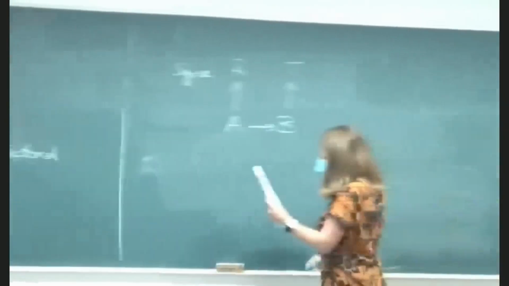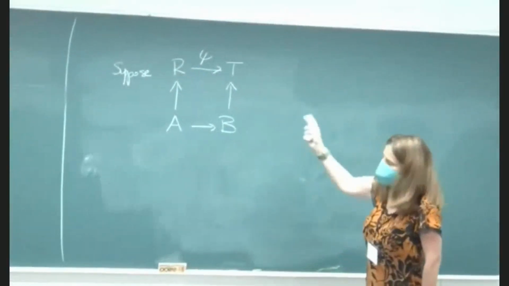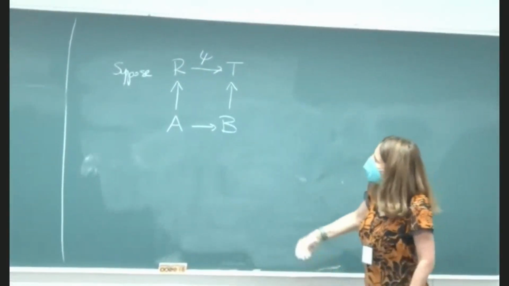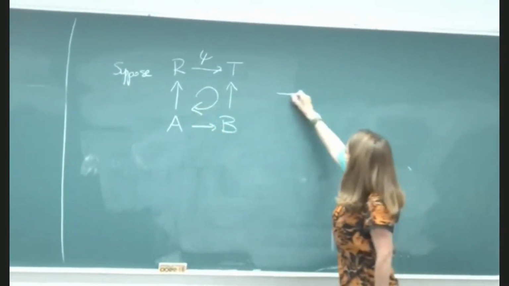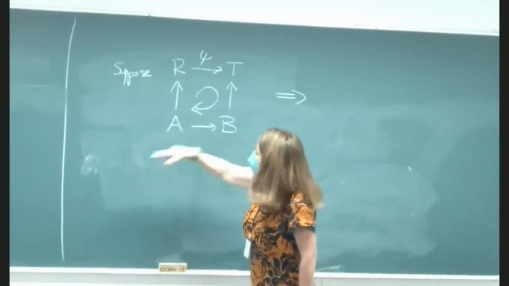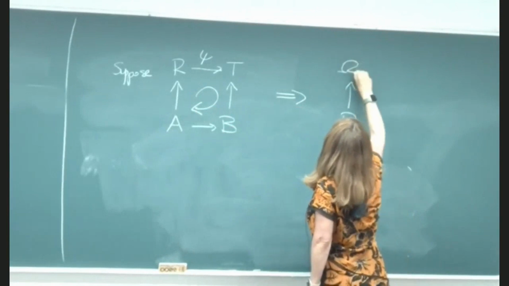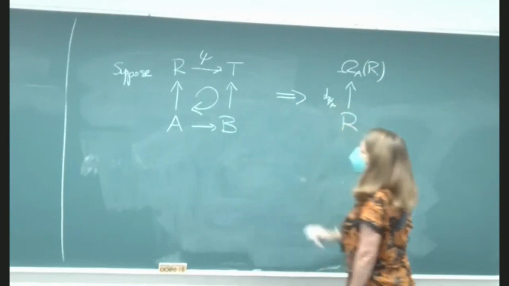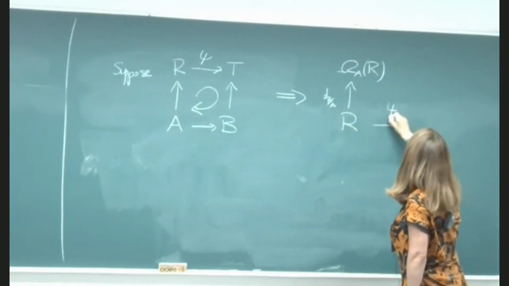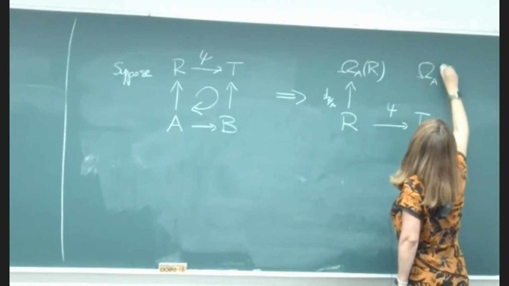So you have this situation. And I have a map here, let's call it phi, from R to T. And let's assume that this is commutative. Then I can, obviously, like I did before, to this one associate R that goes to omega of R over A. And now let's not call it D, otherwise you get confused. Then I still have my phi here and T, and here I can put the module of differentials of T over B.